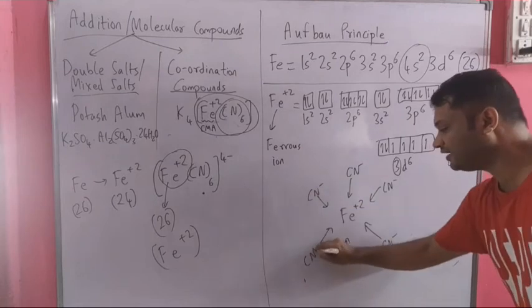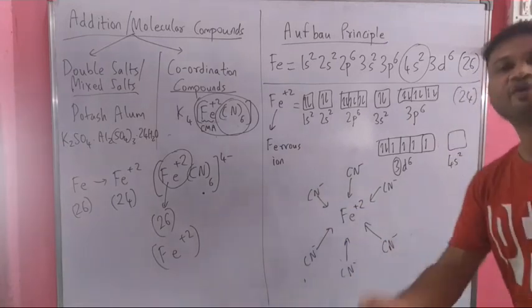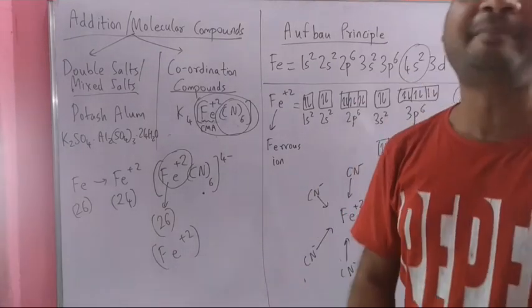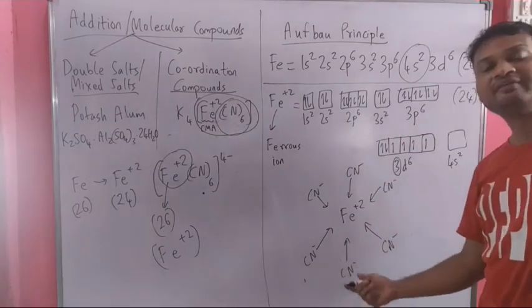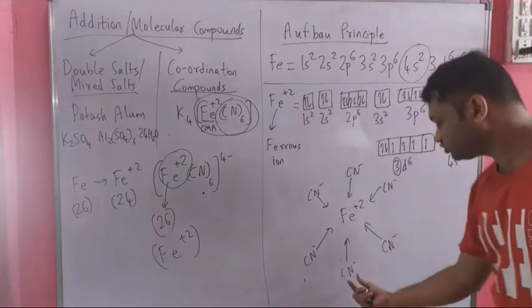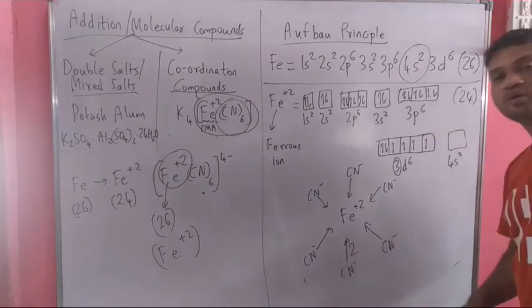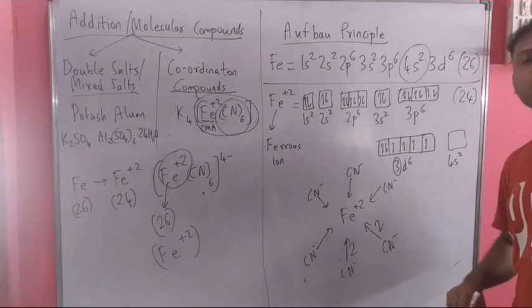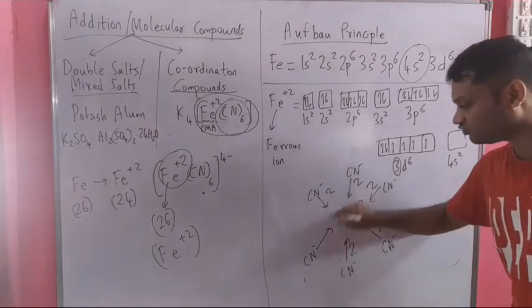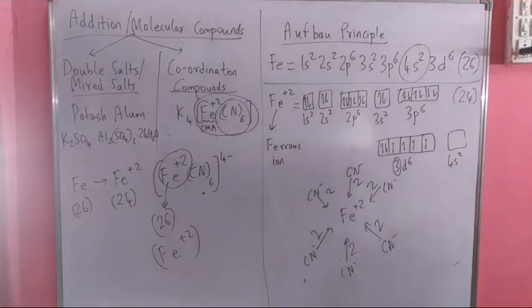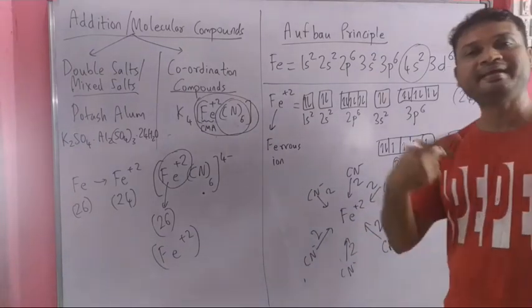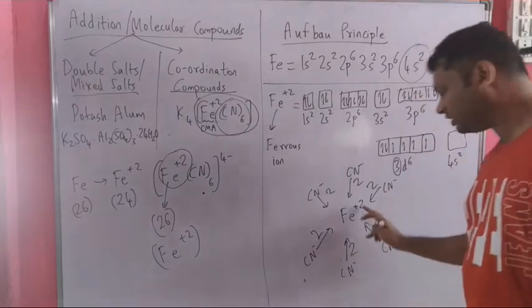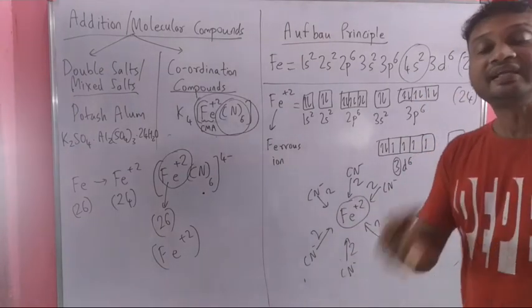Each of these cyanide ions is donating a pair of electrons. Each cyanide ion will share 2 electrons. This cyanide ion shares 2 electrons. This cyanide ion shares 2 electrons. Similar is the case with every cyanide ion. So overall, how many electrons does Fe+2 have to accept?